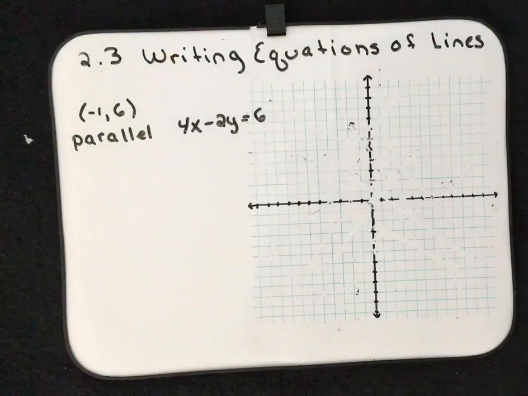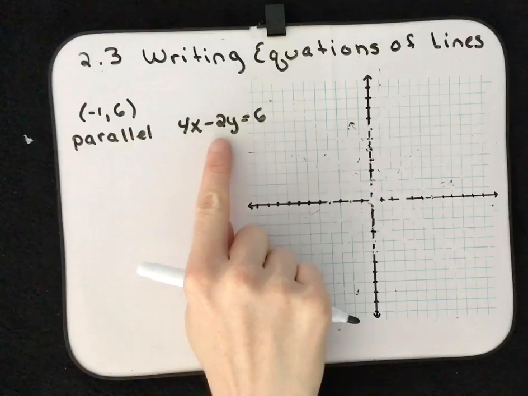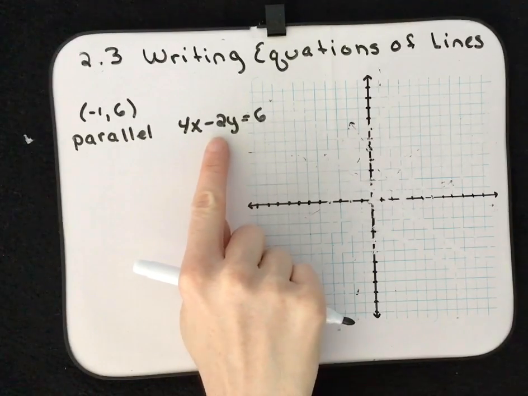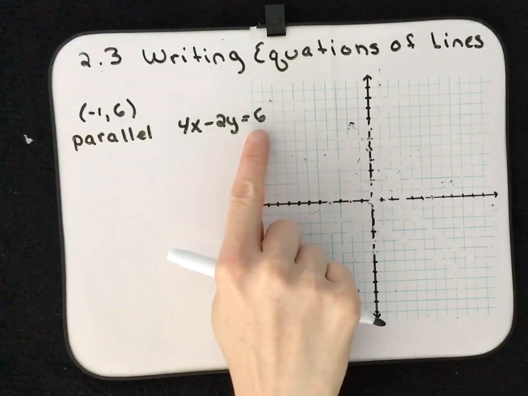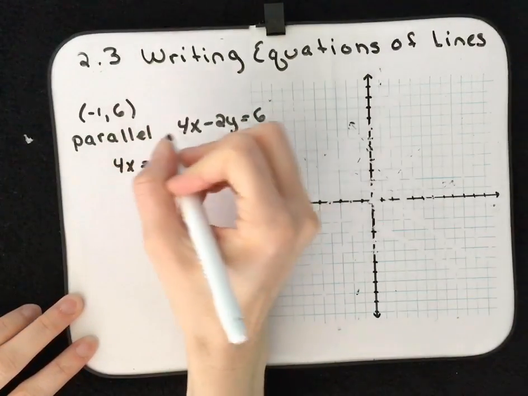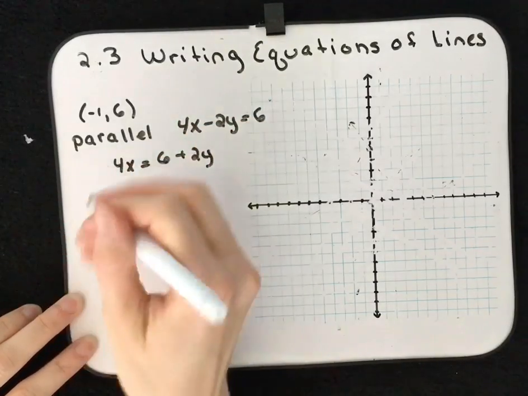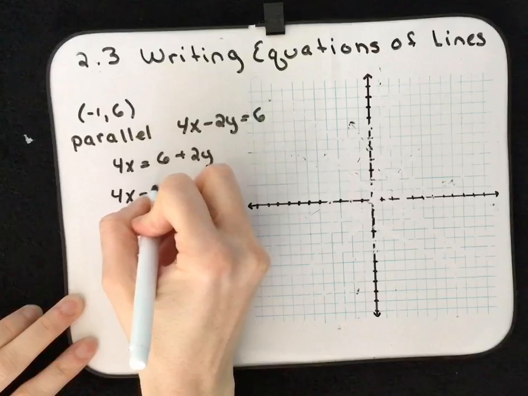Well, for the lines to be parallel, that means they have to have the same slope. So we need to figure out the slope of this equation. Minus 2y, that's negative. So I'm going to go ahead and put that on this side. So then we have 4x equals 6 plus 2y. Move the 6 over by subtracting.